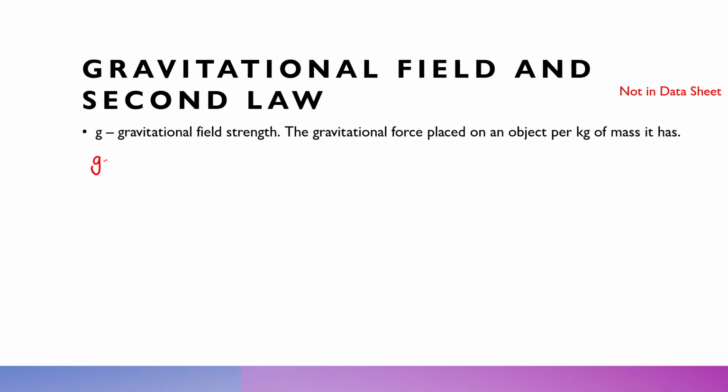This can also be written as force on mass, giving us the unit newtons per kilo. What's interesting to note is how this formula is very similar to Newton's second law, which is that F is equal to ma, which can then also be written as mg. Here in this formula, g is given the units for acceleration, which is meters per second squared.